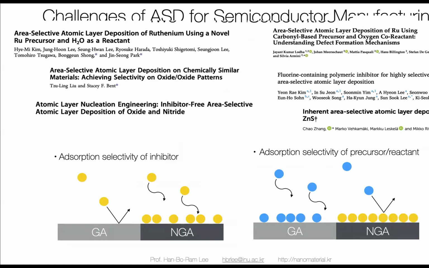If you know the selectivity, that means you know this precursor can be adsorbed on this surface or not, this inhibitor can be adsorbed on this surface or not. So we can say, oh, this inhibitor is used for this combination of surfaces. But it is a really time-consuming process.